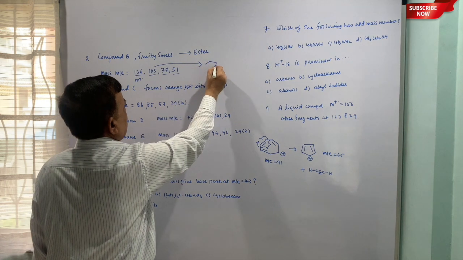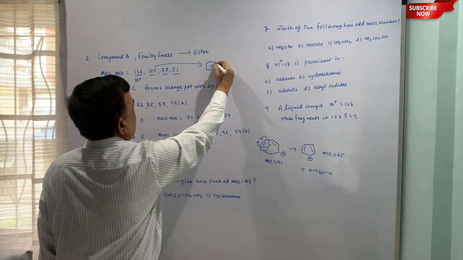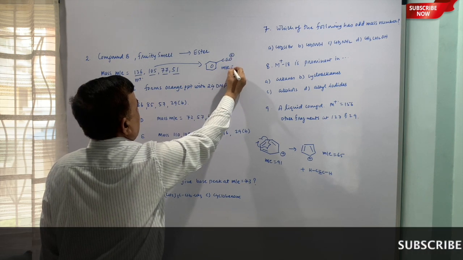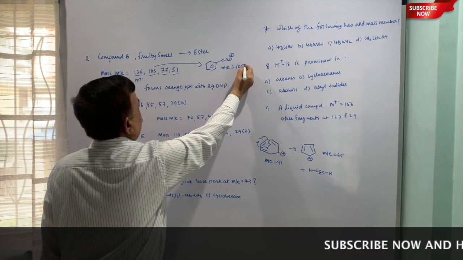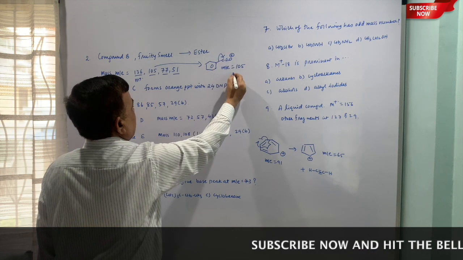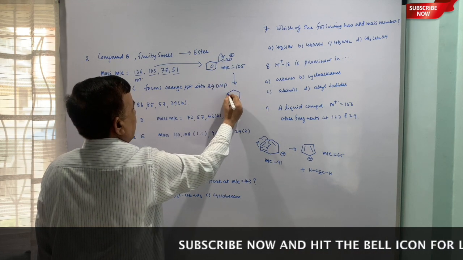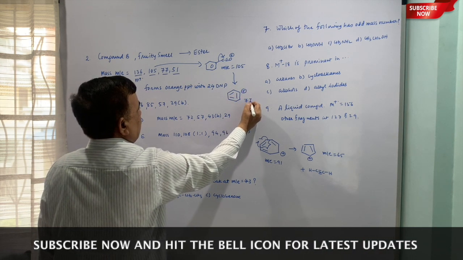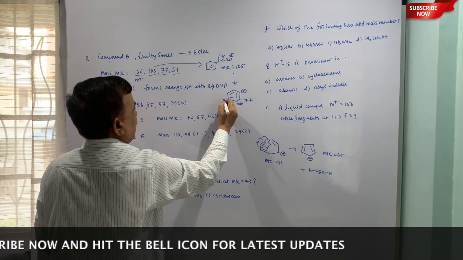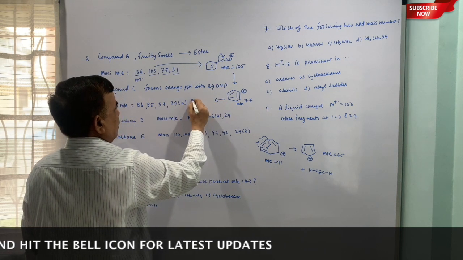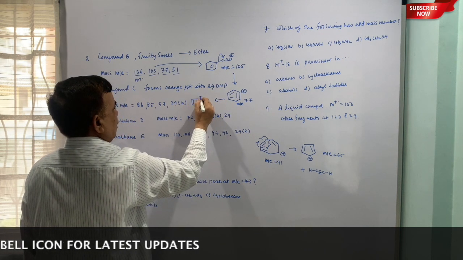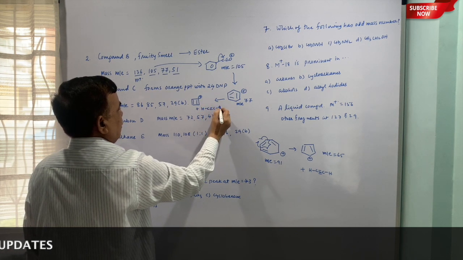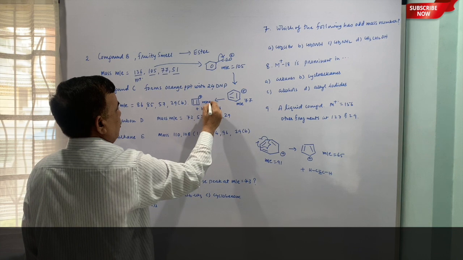This is 105. If this breaks down heterolytically, that becomes phenyl cation, that is 77, and this becomes plus, of course, this is m/e equal to 51.